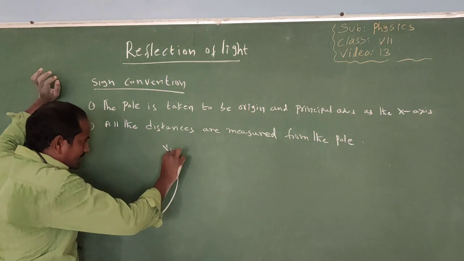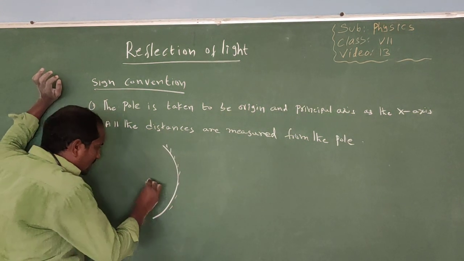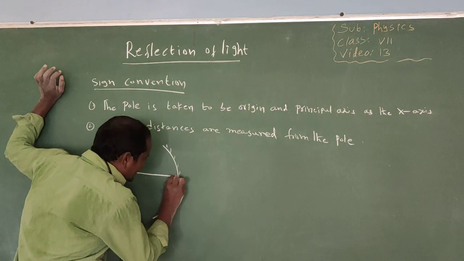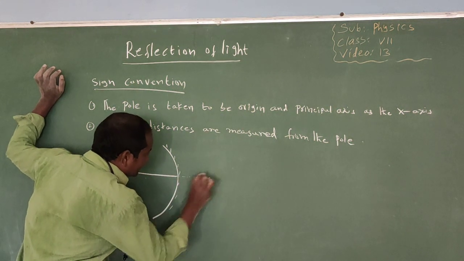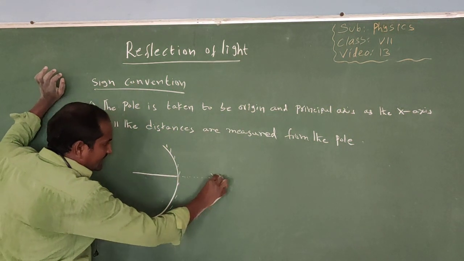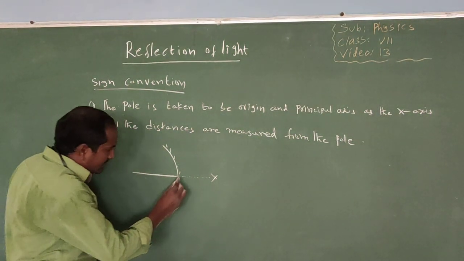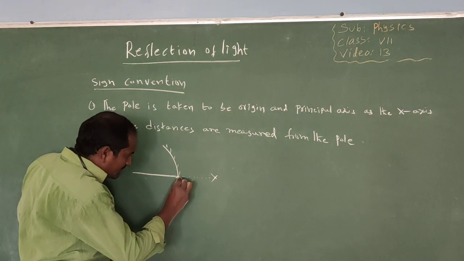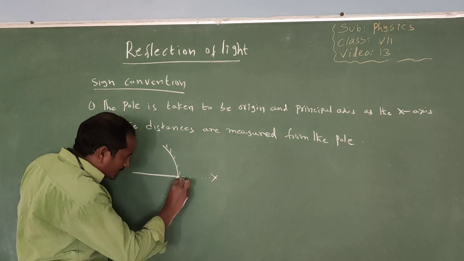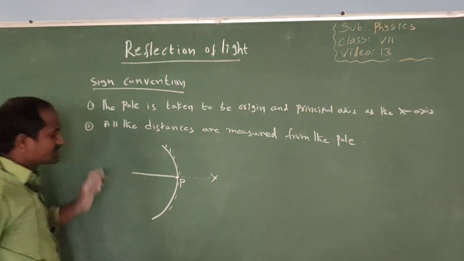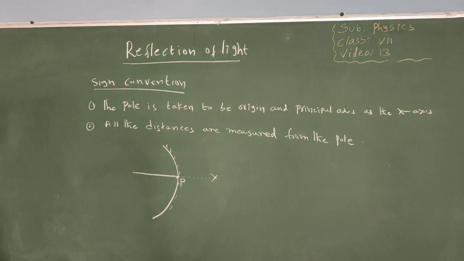Here is the principal axis, an imaginary line, taken as the x-axis. All the distances, meaning image distance or object distance, are measured from the pole.